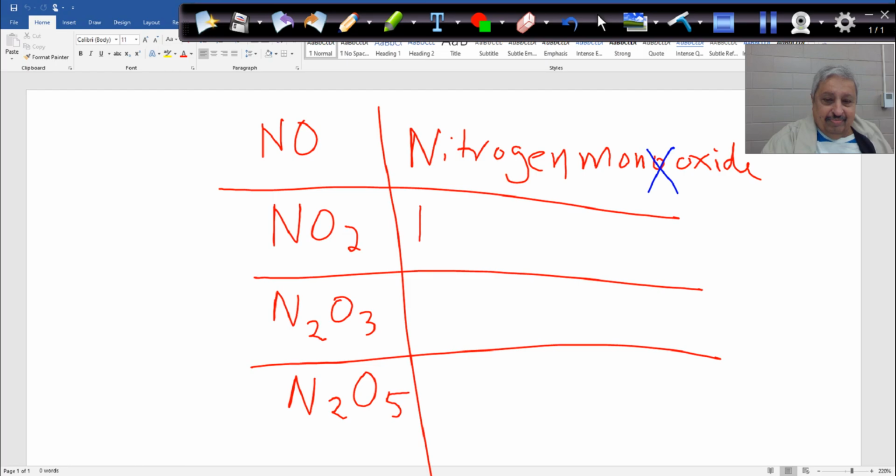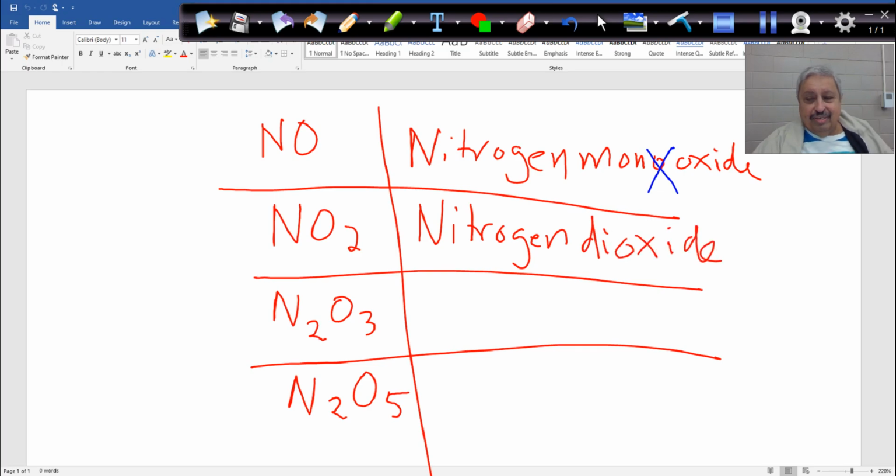This one will be nitrogen what? Dioxide. You see, we don't have to pause in between. Although we have two vowels, we are not doing this. However, the vowels O and A are always a problem. We have five vowels, correct? Beside this one here, E, and which other ones?